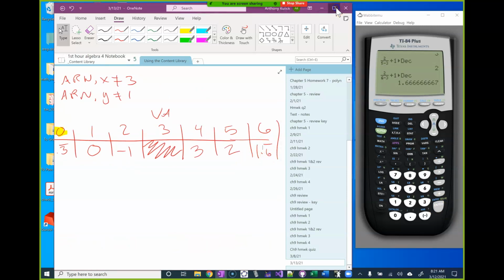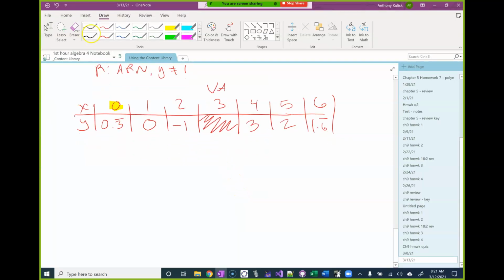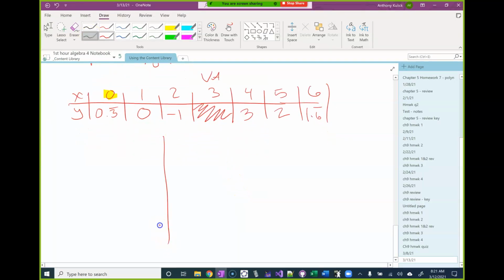Okay. So if I go to graph now, here's my vertical asymptote and here's my horizontal asymptote.